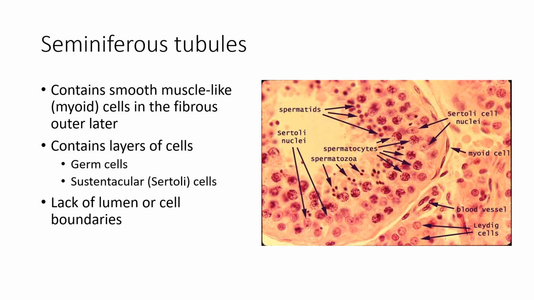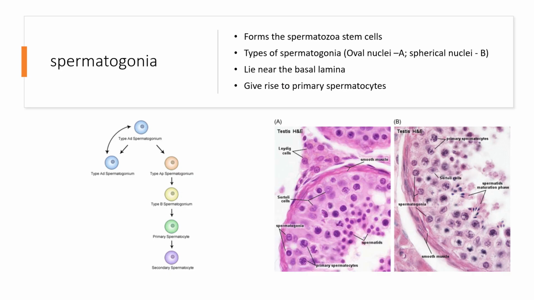So that corresponds to 6 layers. The first 3 layers are the early stage of the germ cells, where you have the spermatogonium. We're going to see the 3 different types of spermatogonium, and those 6 layers are what you will likely find in any slice of a seminiferous tubule.